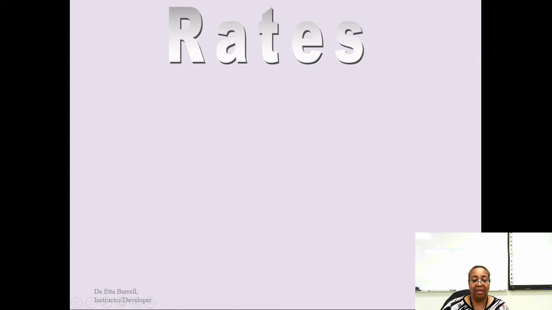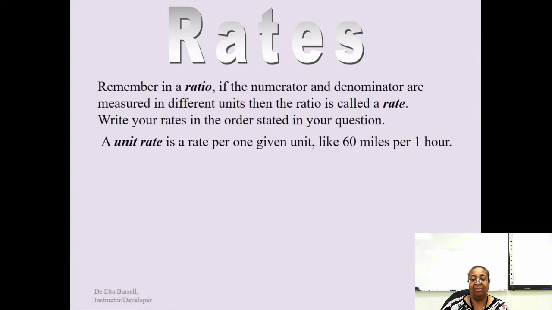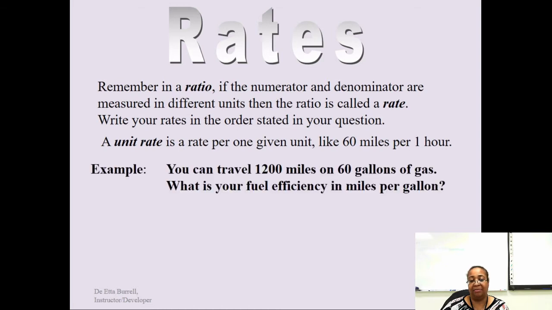A unit rate is a rate per one given unit, like 60 miles per 1 hour. Here's an example. You can travel 1,200 miles on 60 gallons of gas. What is your fuel efficiency in miles per gallon? So you need to do the miles first, the gallons on the bottom, and you can either simply reduce that or just divide it.